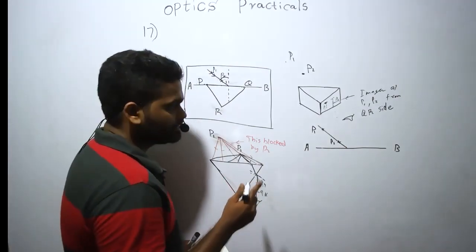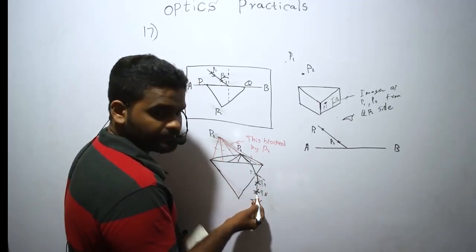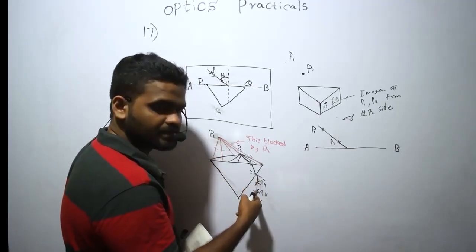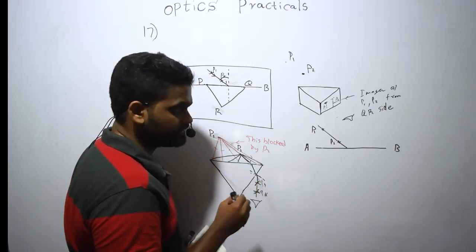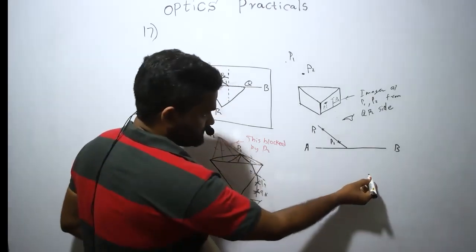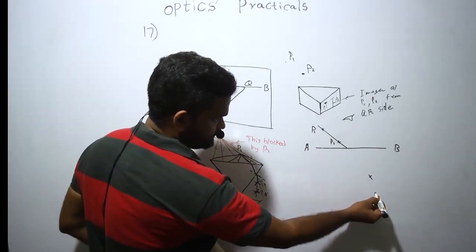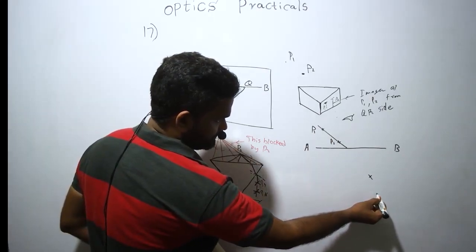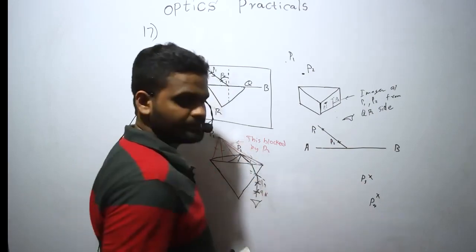After that, what you have is the positions of these two pins. You have two punches here. You remove the pins as well. You have two punches here, like that. These are the positions of P3 and P4.